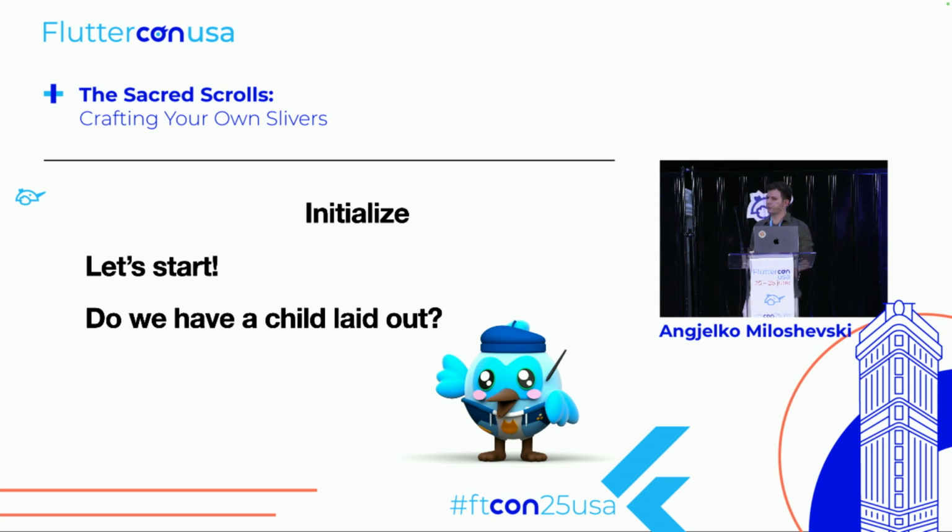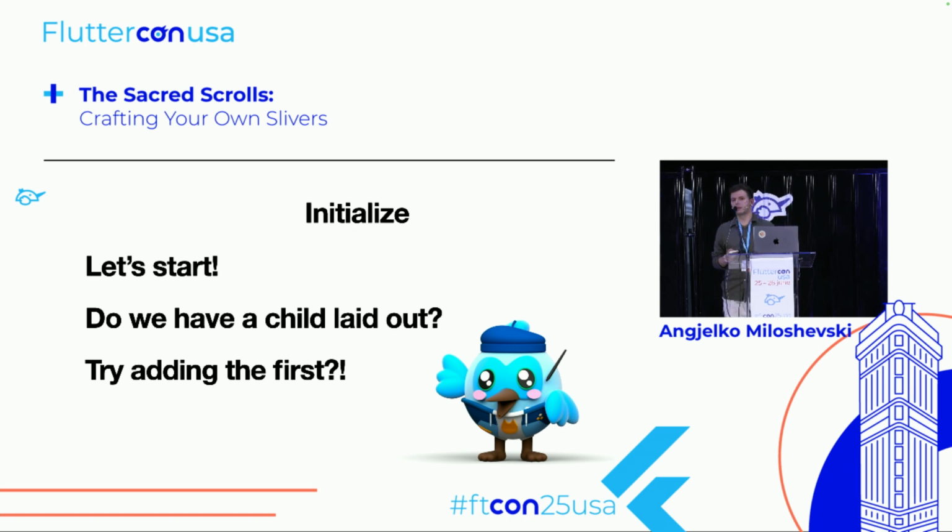Then, do we have our first child already laid out? And if we don't, can we add our first child? And the last optional step is if we were not able to add the first child, which can happen if the sliver delegate doesn't have any children passed on, then we wrap up, set the geometry to zero, and tell that we are finishing the layout.